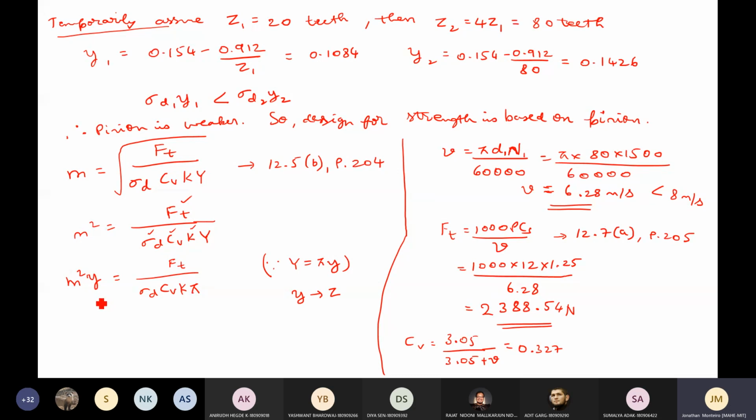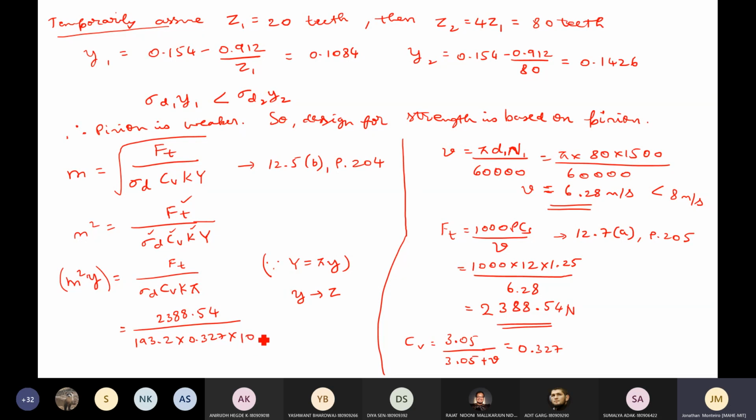So what is the major change now in this problem? Since d is known and z is unknown, m square y will be the deciding factor, not m cube CV. Okay, m square y will be the deciding factor. Now it must be equal to how much? This is 2388.54. Sigma d is 193.2 we have taken. CV value is 0.327.